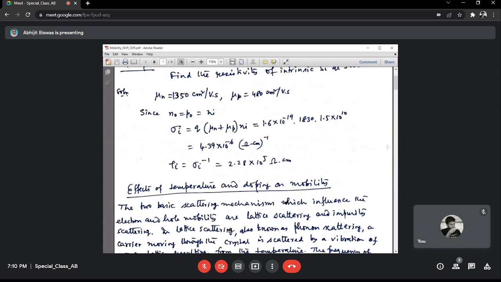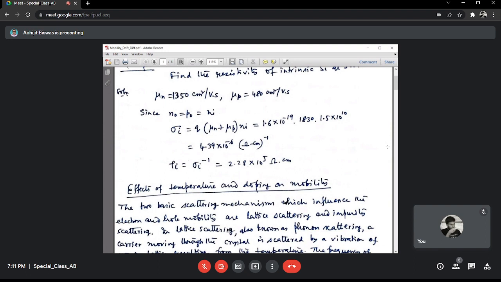So if we apply an electric field across a semiconducting material, an electric field will be established, and that will exert force on the charge carriers. And under the influence of this field, the carriers will move from one region to another region. More specifically, holes will move in the direction of the electric field, while electrons will move in the opposite direction.